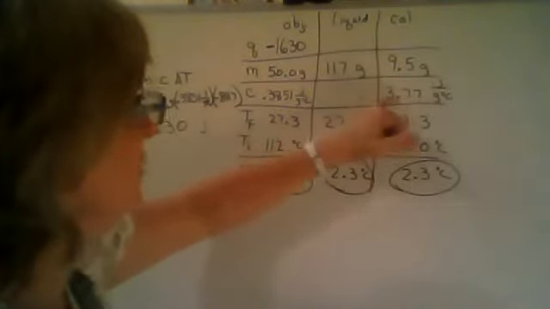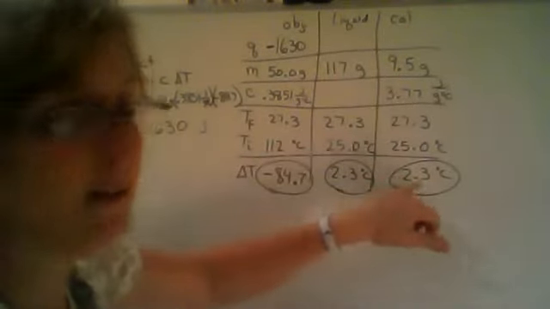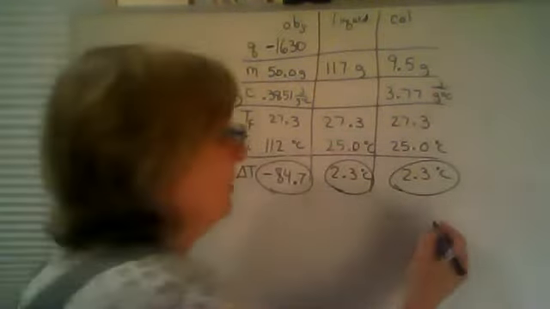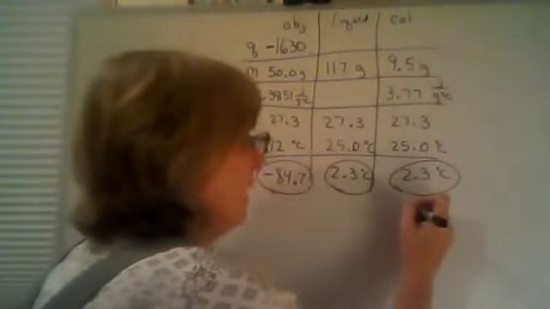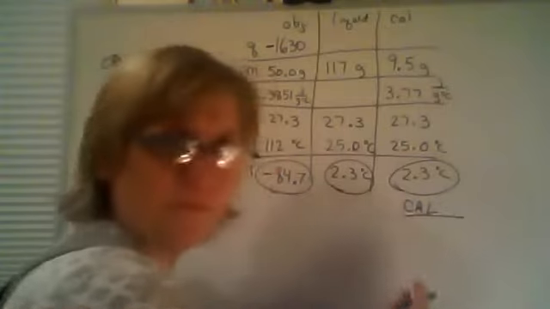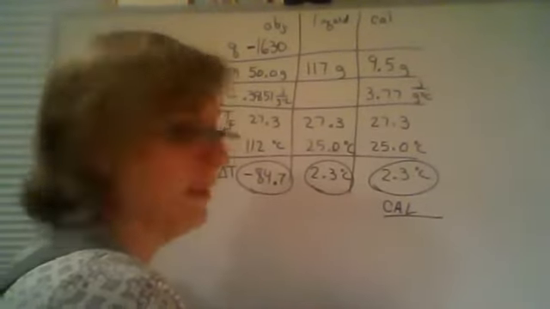We can also work this one because we have the mass, the specific heat, and the delta T. So write down underneath it, let's just say for the calorimeter, I'm wondering if you're going to be able to see this.